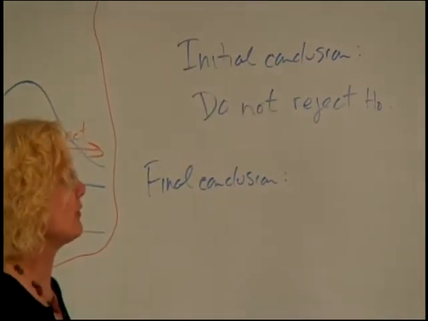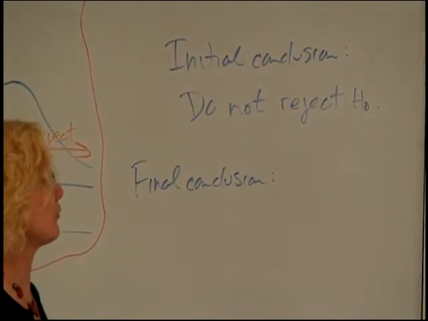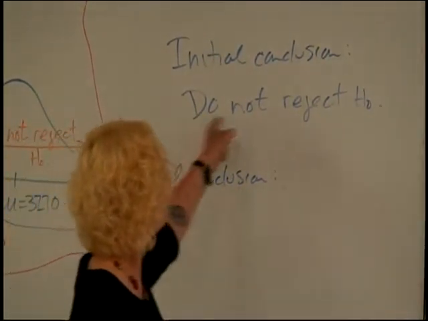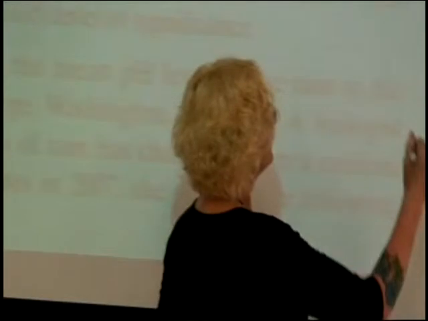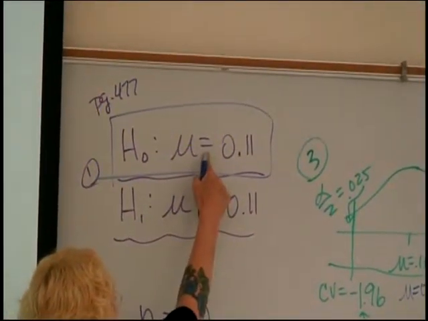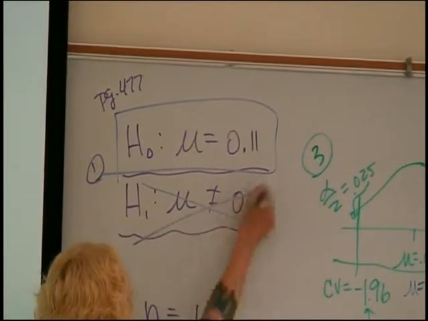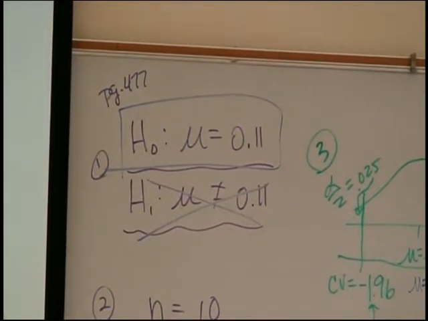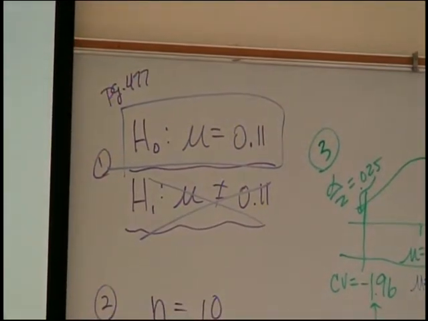Does the sample evidence suggest that calcium concentrations have changed? If we do not reject H0, then what are the calcium concentrations about? They're about the same as they were before, right? So have they changed?